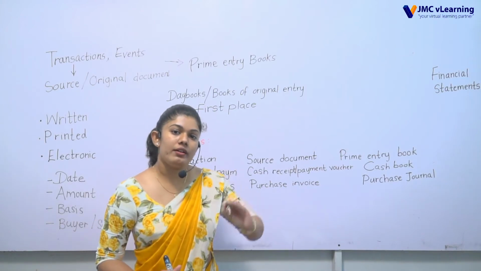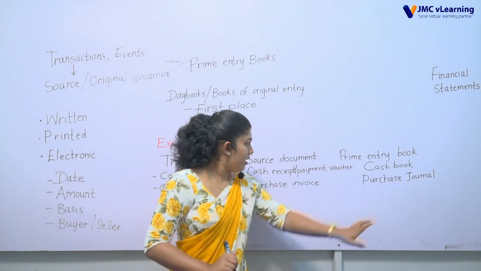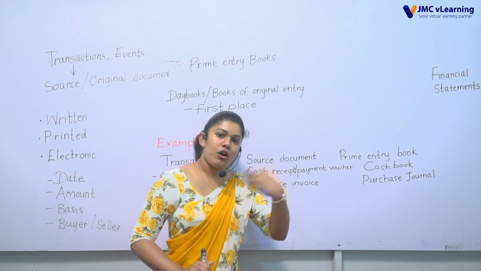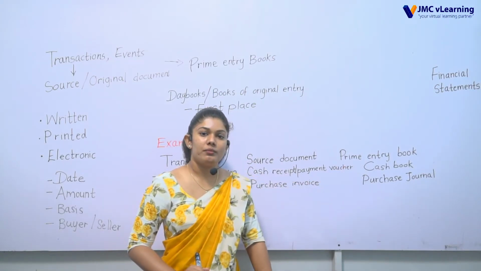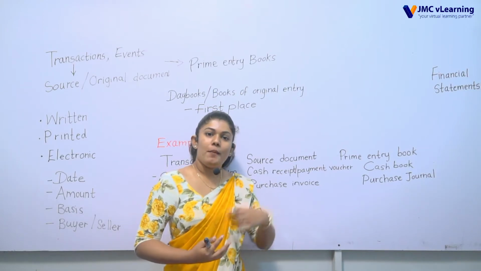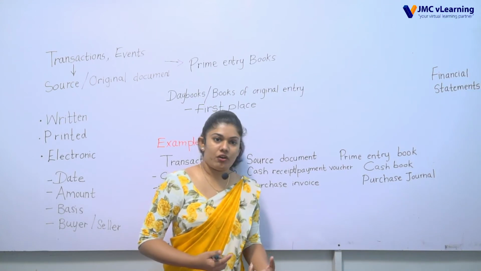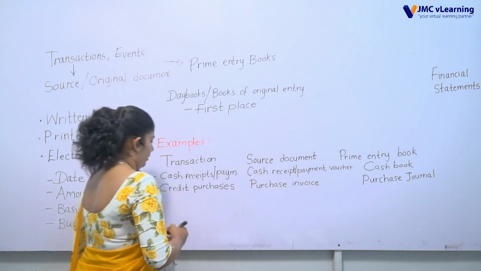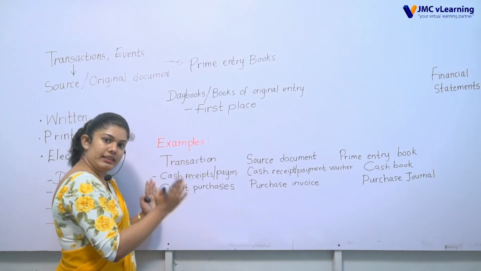You can't record cash purchases in the purchase journal because cash purchases we already post into the cash book, because it's a payment of cash. Therefore, payments of cash we have to record in the cash book. And credit purchases are like that.